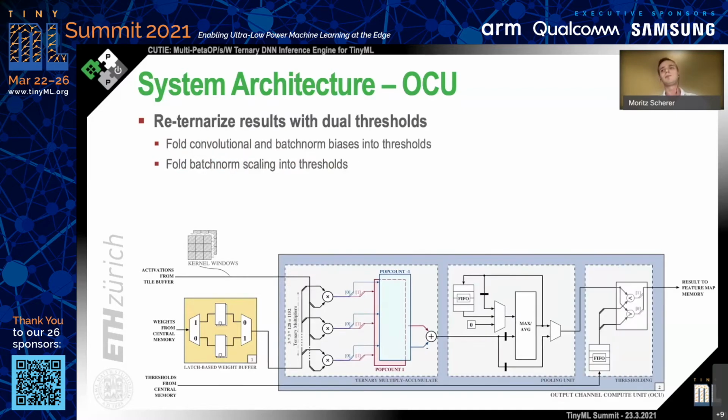And finally, we add this thresholding stage that re-ternarizes the results with dual thresholds, which is equivalent to any requantization algorithm you might be familiar with for higher precisions.